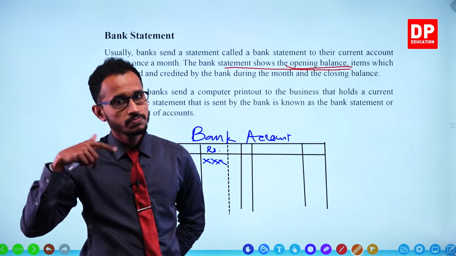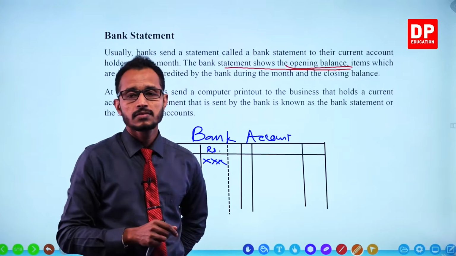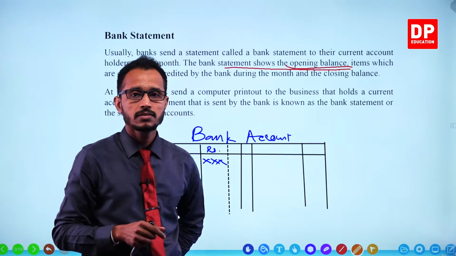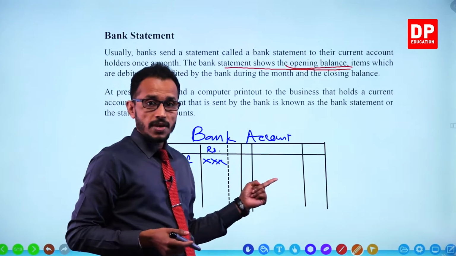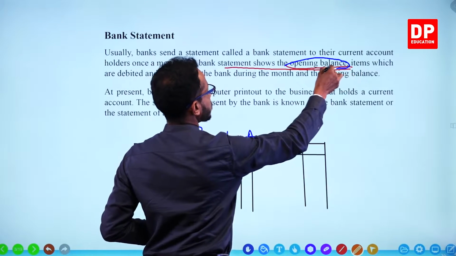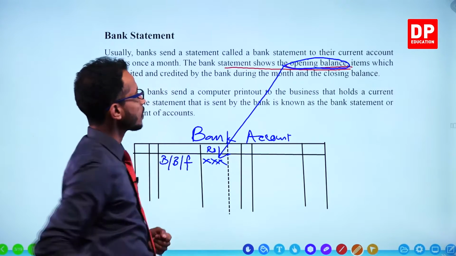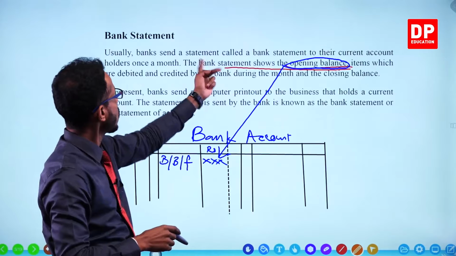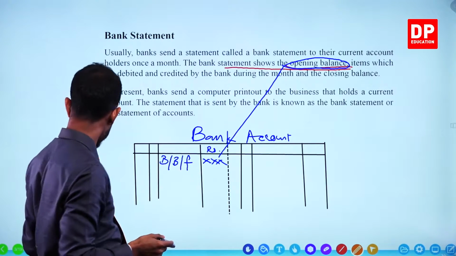The money which was carried forward from the last month, the remaining balance of the account. From that BBF, just like this, the bank statement also starts with the BBF, balance brought forward, or opening balance.